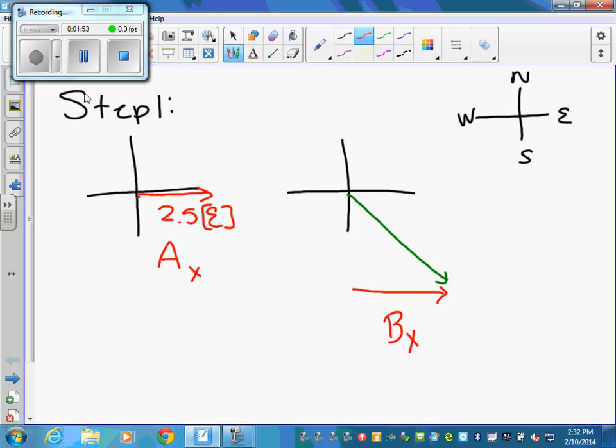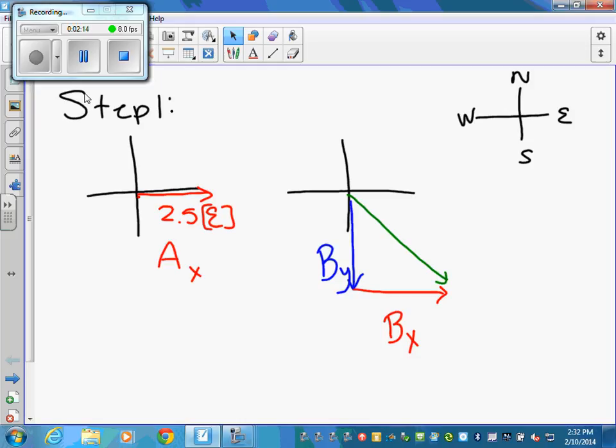So I'm going to call this vector bx. But I'm also going to have a y vector, this one here, and I'm going to call it b as well, but I'm going to say by. Now, what is my number for this? What do we have to do?